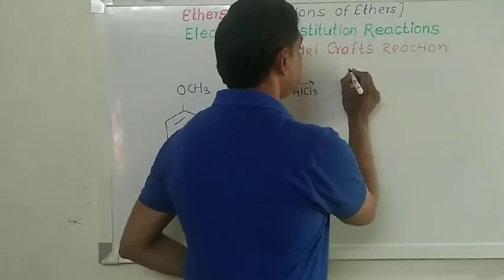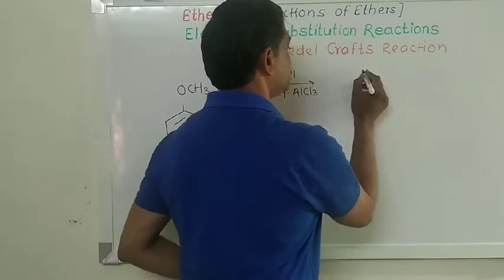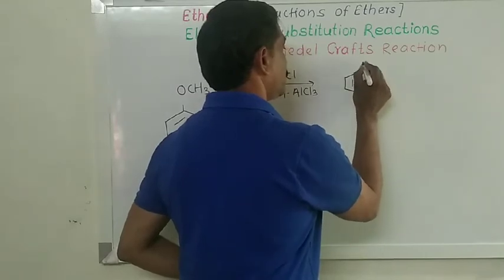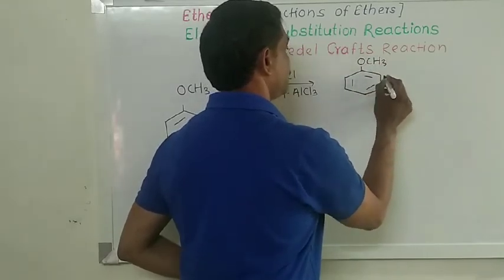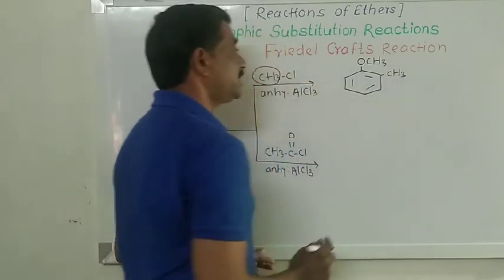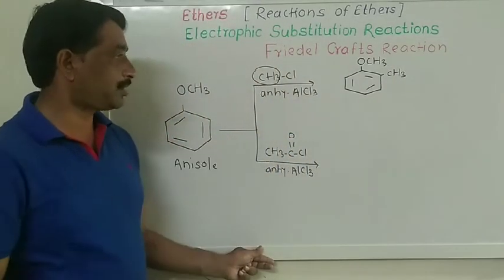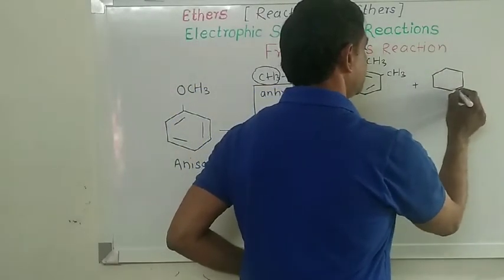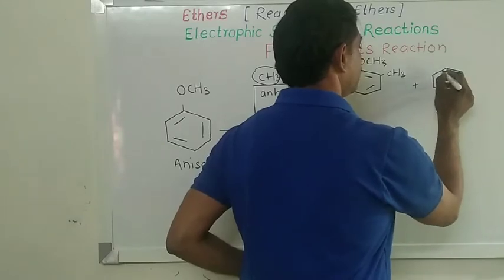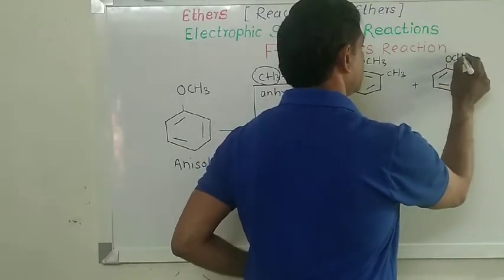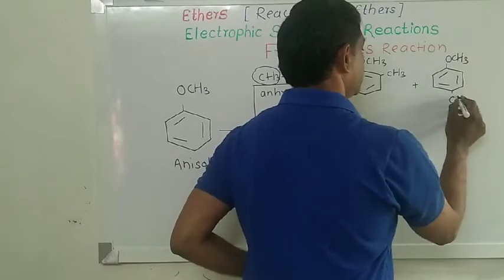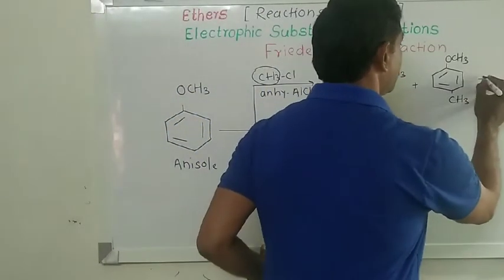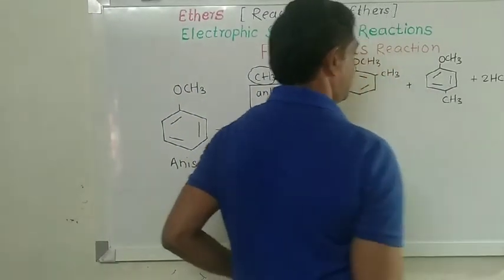The first one: the OCH3 group remains as is, and the CH3 group is attached to the ortho carbon atom, plus the methyl group added at the para position, plus 2 molecules of HCl.